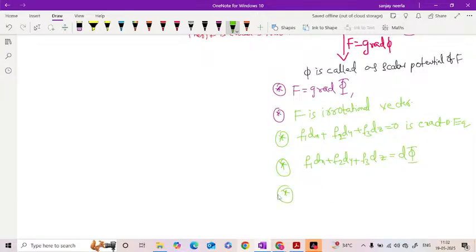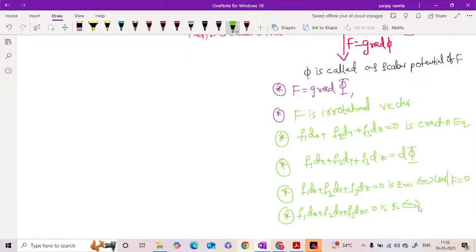And the next point: f1 dx plus f2 dy plus f3 dz is equal to 0 is an exact differential equation. Definitely the curl of f must be 0.